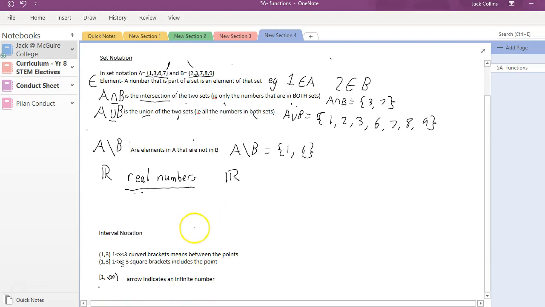All right, cool. The only other thing we need to learn about here is looking at interval notation. So when numbers are in brackets like this and it's stated that it's in interval notation, that isn't coordinates.